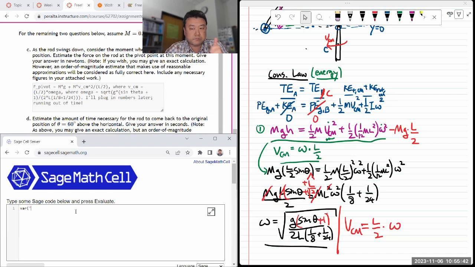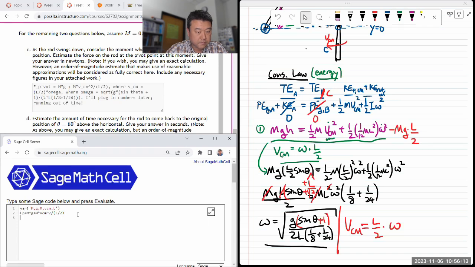So my expression for the F pivot, FP is well, actually I don't need that. M, G, M, V, C, M, L. So my expression for F pivot is M times G plus M times VCM squared divided by L over 2.